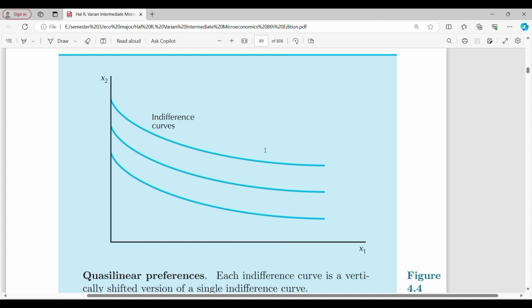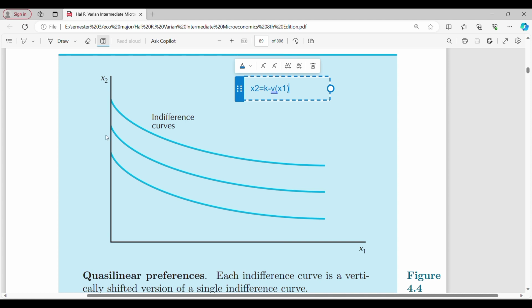It follows that the equation for an IC takes the form x2 equal to k minus v(x1). So I'll write it here: x2 equal to k minus v(x1).